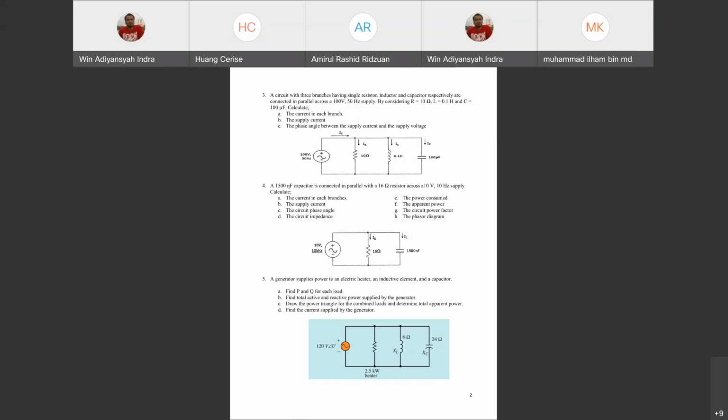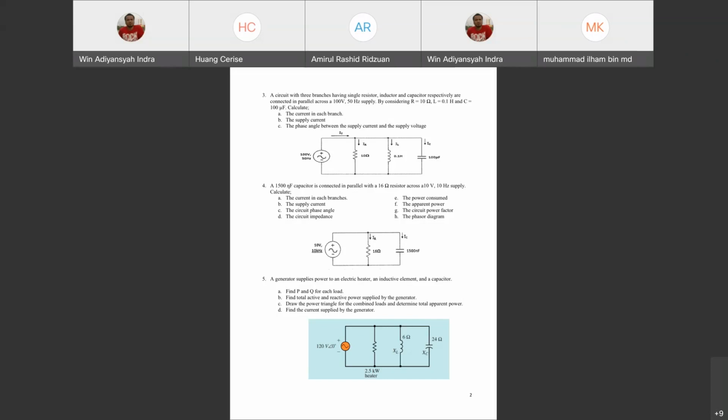On Tuesday, group 1, 2, I discussed question 1 and question 6. Thursday morning, question 1 and 6.